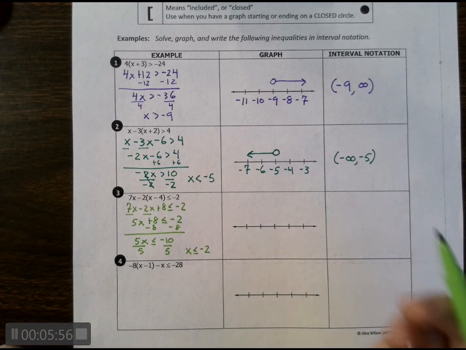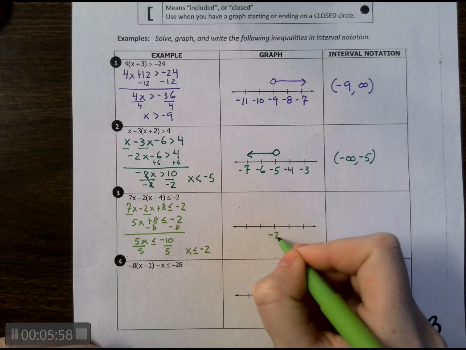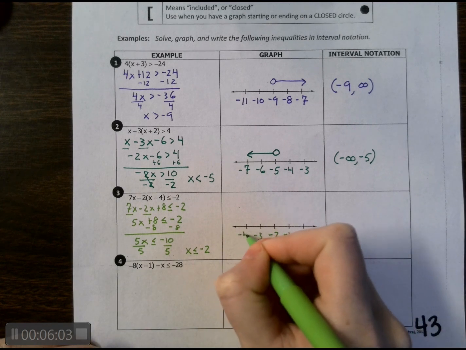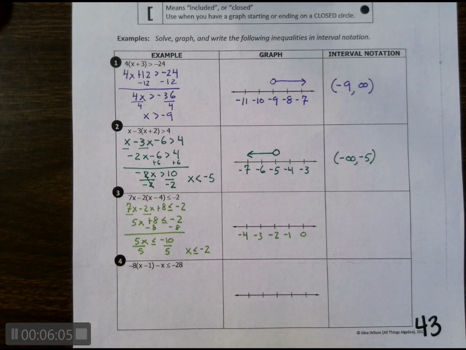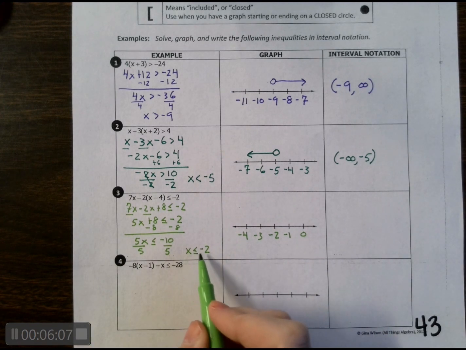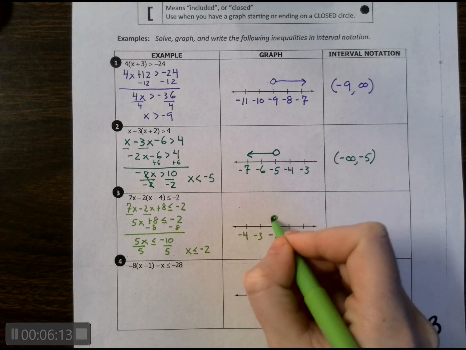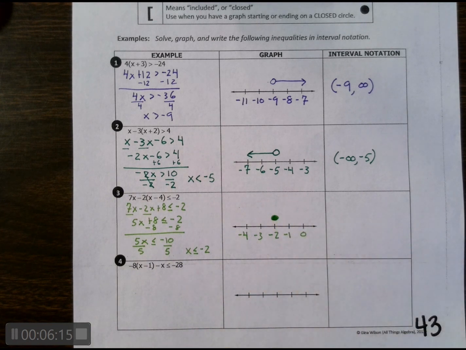So this time, or actually we'll go ahead and label our axes. Okay? So this time, because we have the less than or equal to sign, it's going to be a solid dot.